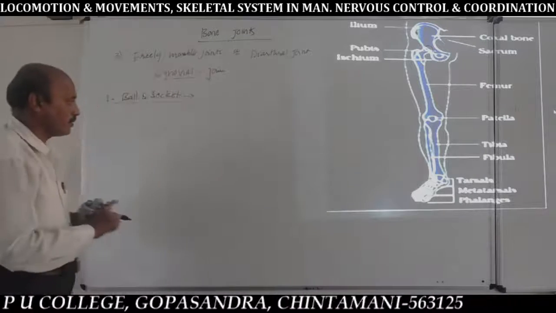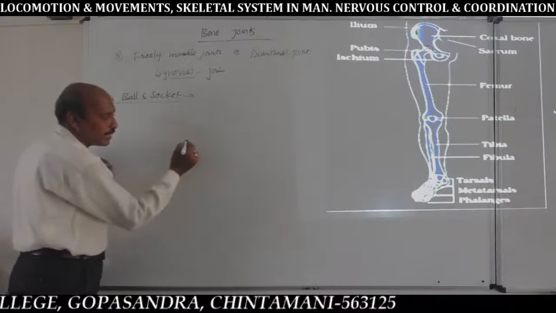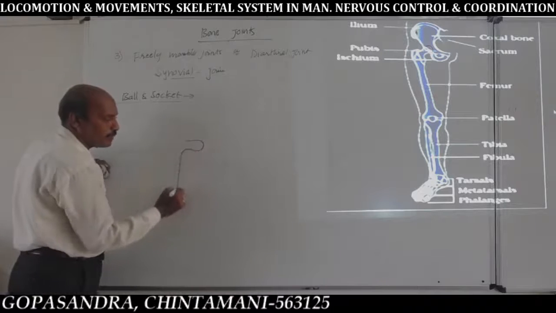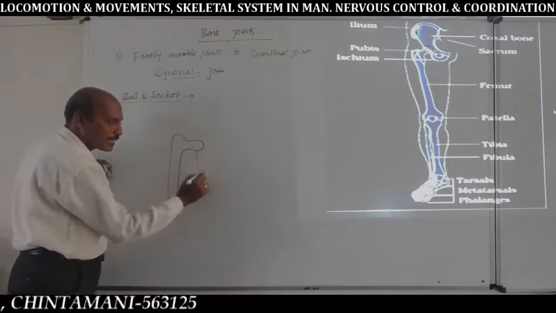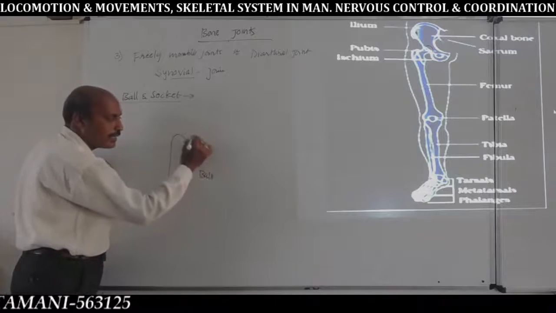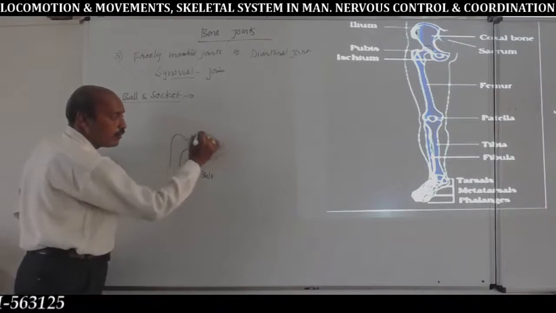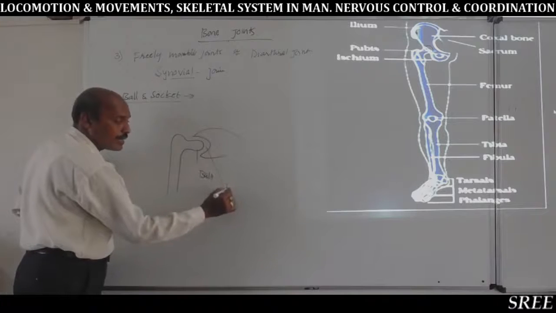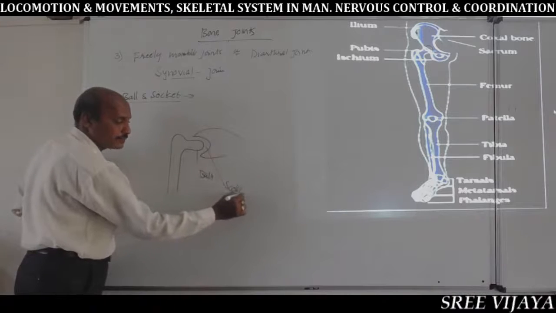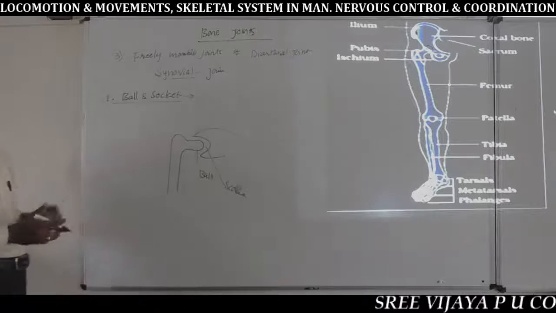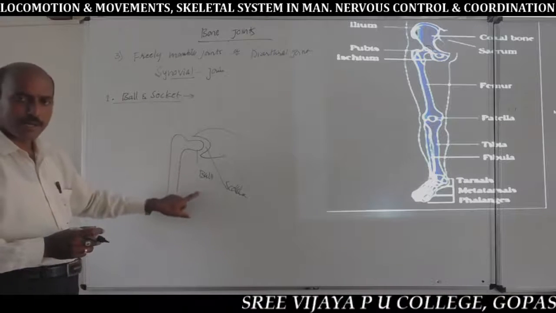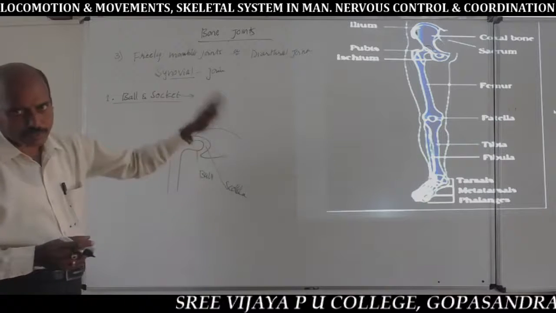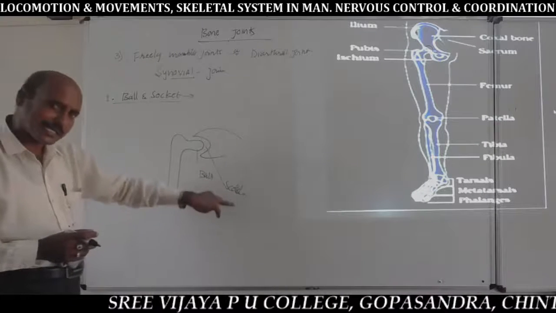Very important, the head of one bone acts as a ball and the cavity of another bone acts as a socket. You should remember this statement. The head of one bone acts as a ball and the cavity of another bone functions as a socket.